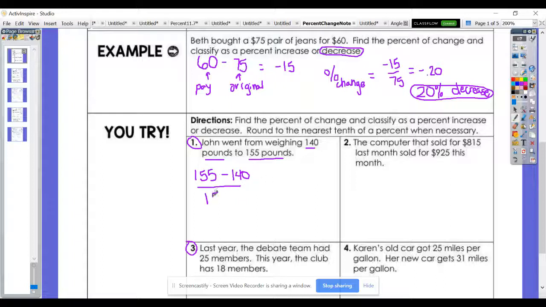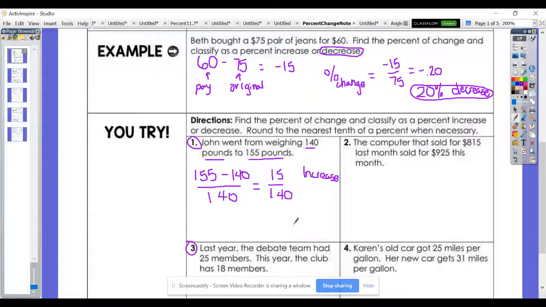And then in the denominator, I'm going to put his original weight, which is 140. Once again, I'll do that math out. It's going to give me 15 over 140. Notice it's positive, so I can classify this as an increase.